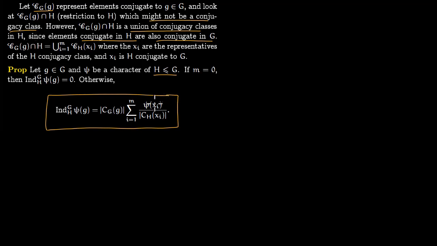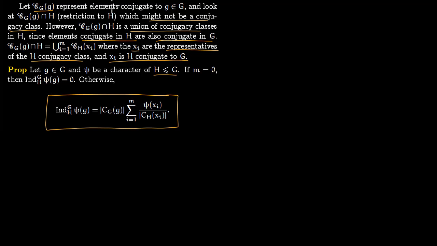As we saw in the previous lecture, the game is all about conjugacy classes. So we have no option but to split this into conjugacy classes. You express this as a disjoint union, where the x_i are the representatives of the H-conjugacy classes, so that you can sum over it.